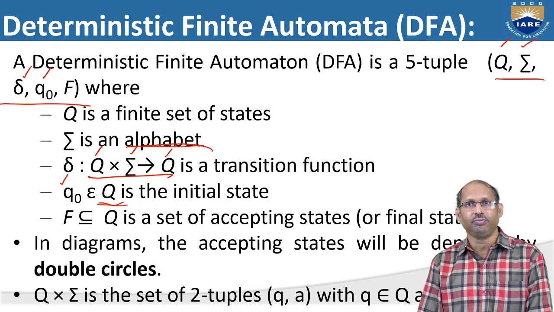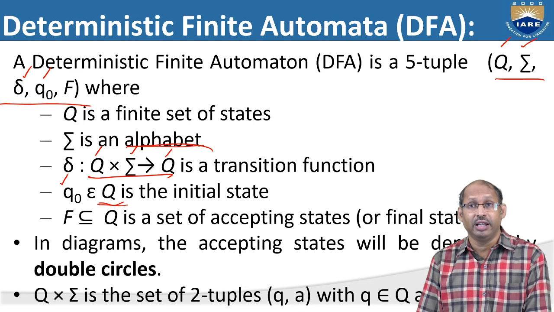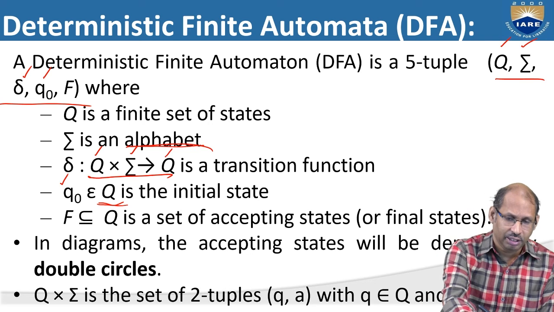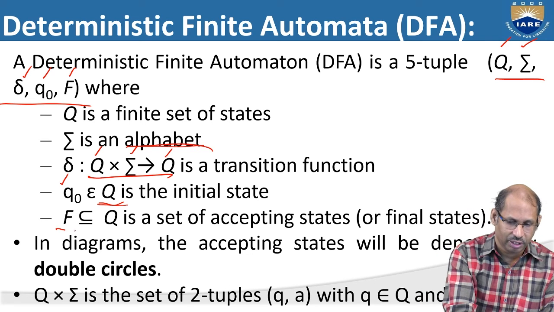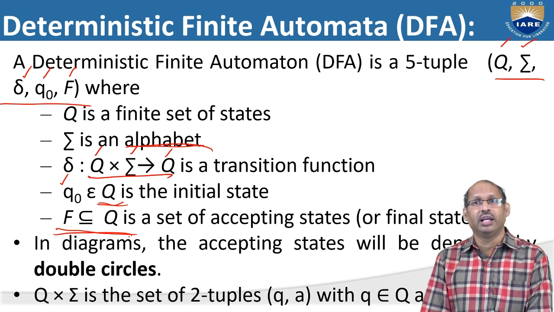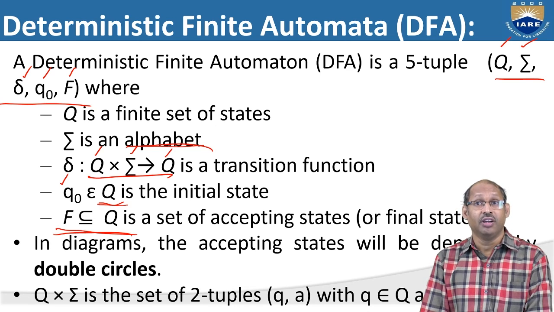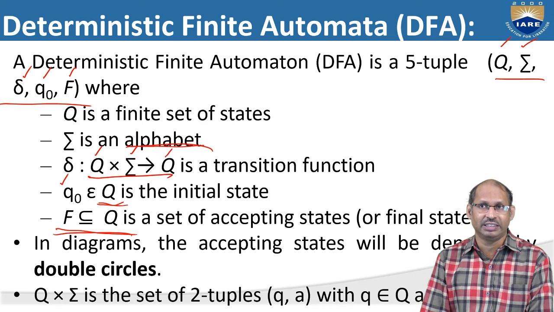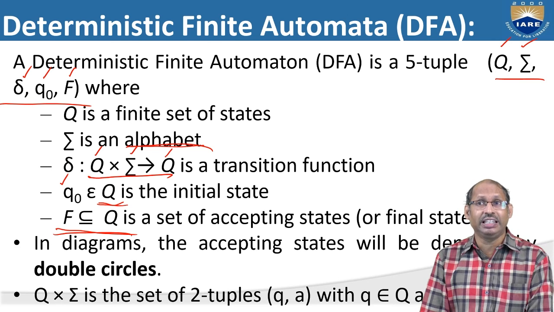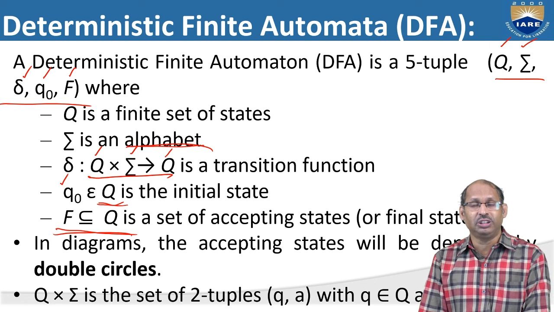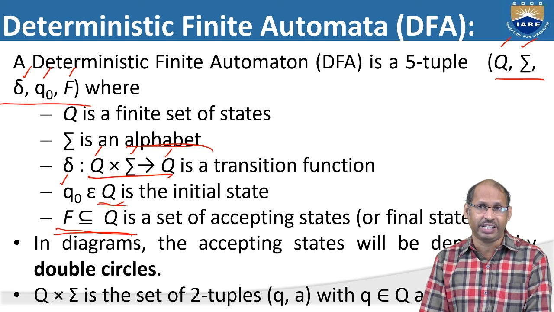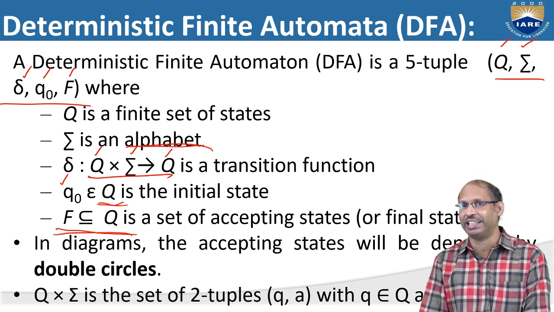Then the final symbol is F, a set of final states. It specifies all the accepted final states. If any input string results in this final state, then the string is accepted.